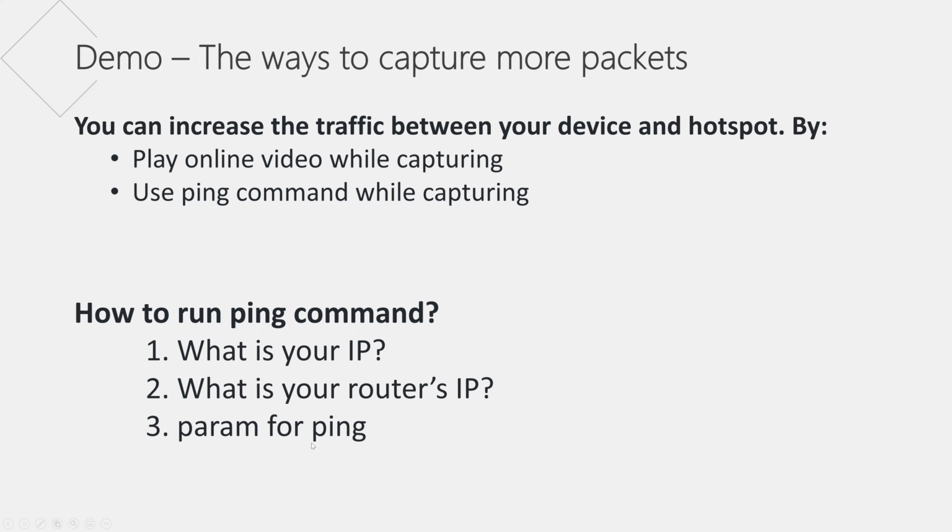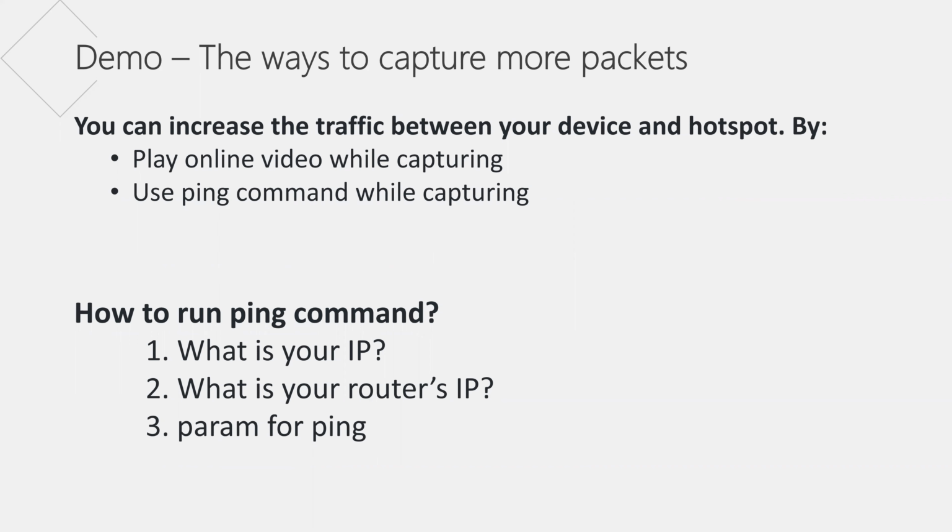And let's have a look at the demonstration of how to capture more packets, because some students may have some trouble with the data collection part of their project, since they can capture maybe 5 or even fewer than 5 packets per second.